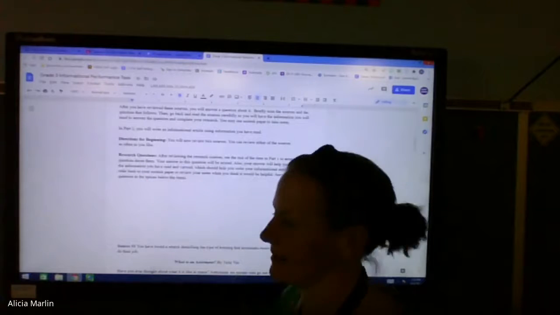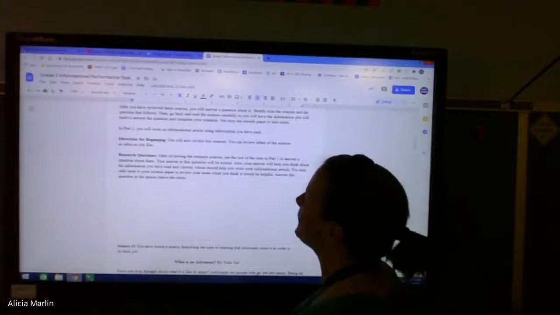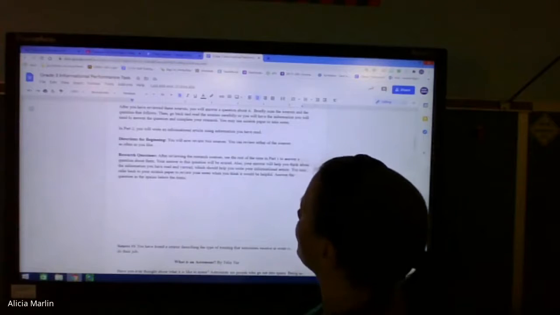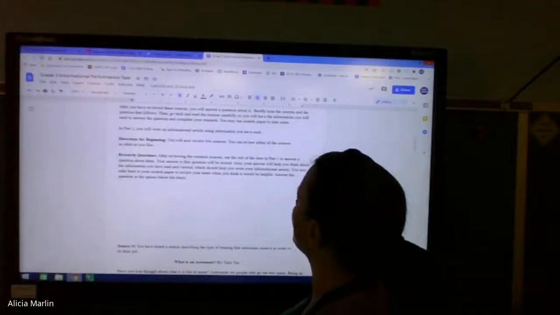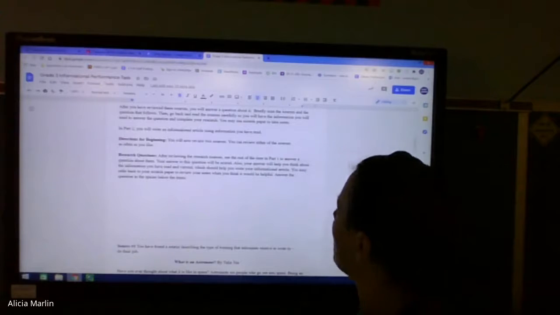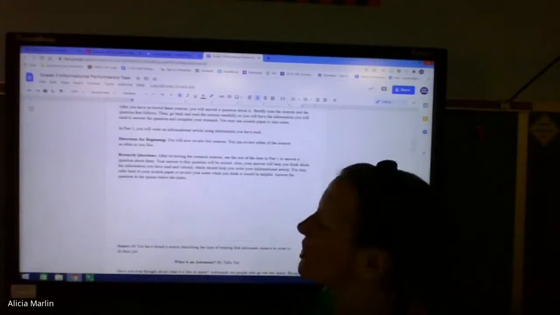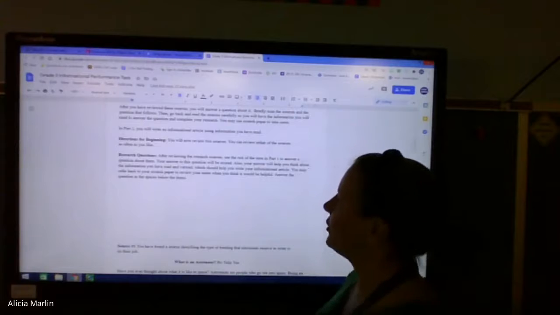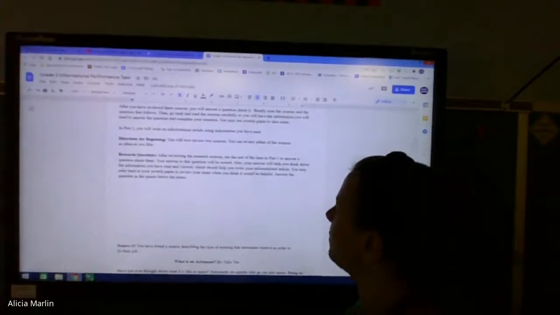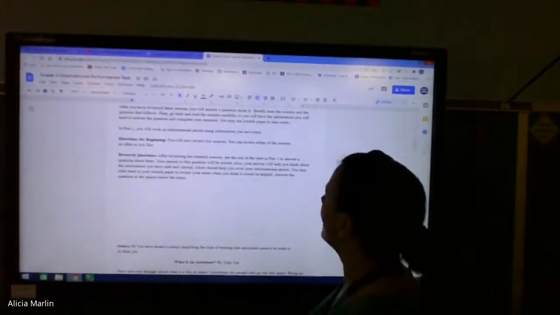Research questions. After reviewing the research sources, use the rest of the time in part 1 to answer a question about them. Your answer to this question will be scored.